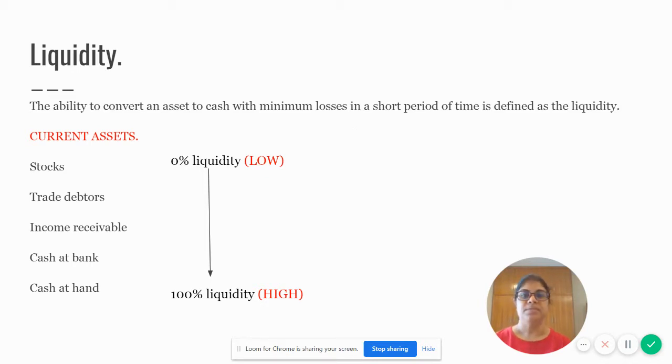So when you take stocks, which have a zero liquidity position or very low liquidity position, they will be listed first under current assets.